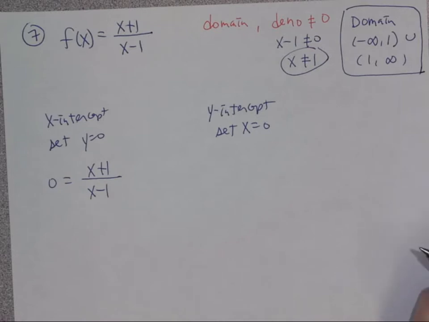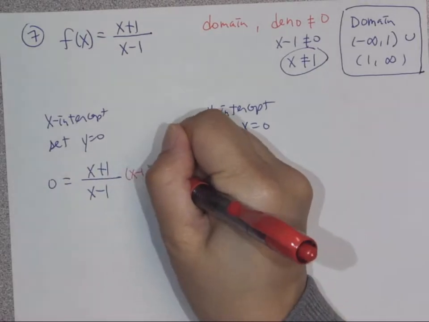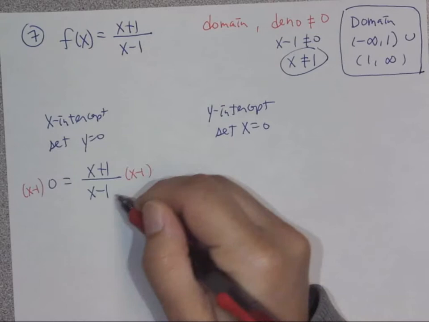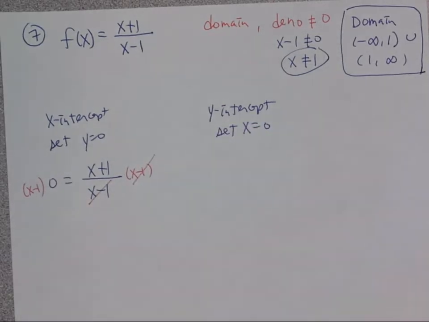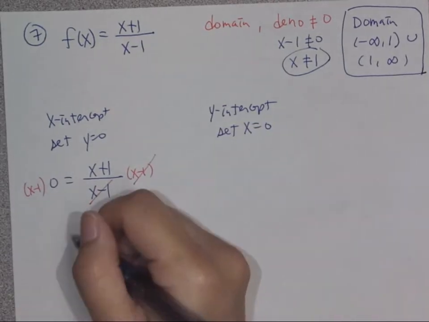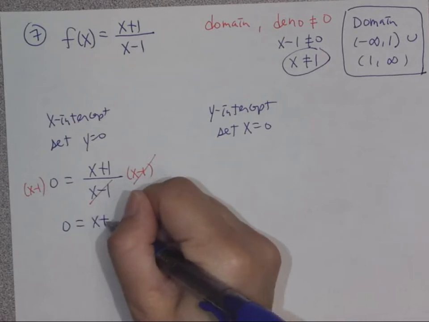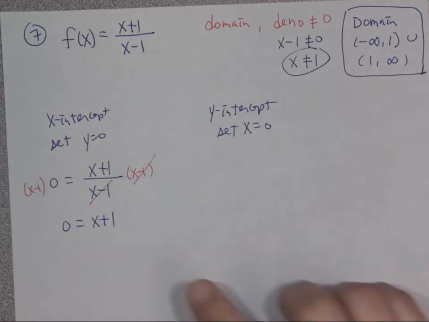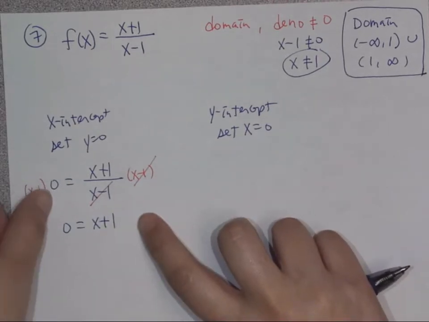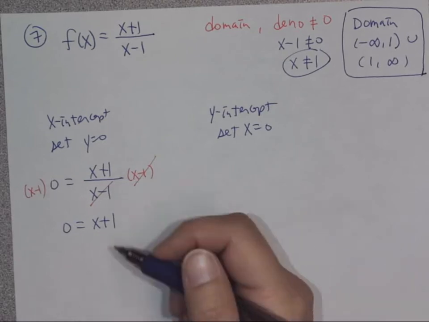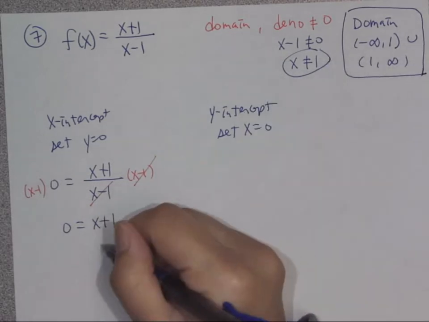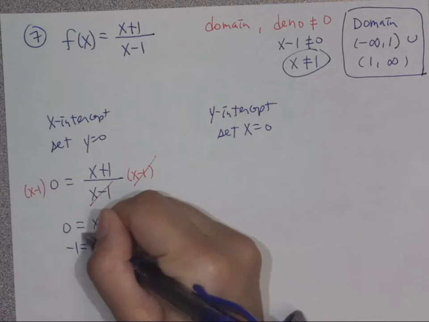By multiplying the denominator to both sides. So this got canceled out. On the left hand side it's going to be 0 equals x plus 1. So you can think of it as a fraction equal to 0. Basically that means the top part of the fraction is equal to 0. Solve for that, x equals negative 1.